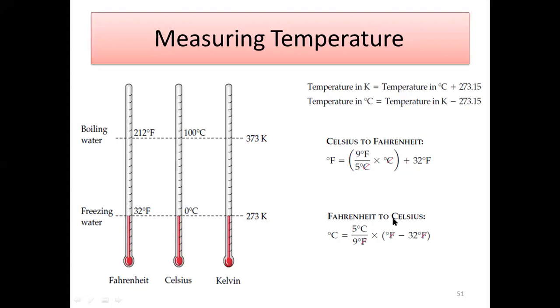And this is the other conversion, to convert Fahrenheit to centigrade. If the temperature in Fahrenheit is given, then you can just put the value over here, and you will get the value in centigrade. If you know a little bit of mathematics, you can easily convert this formula to this formula.